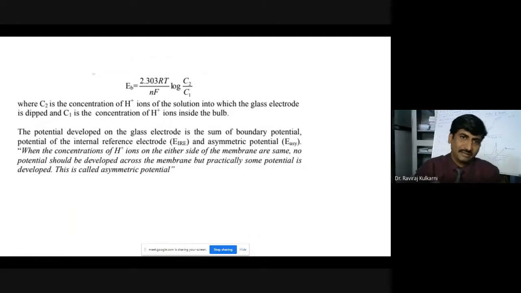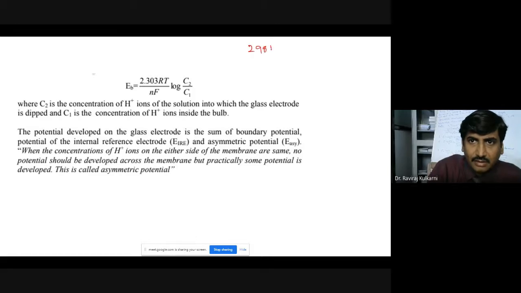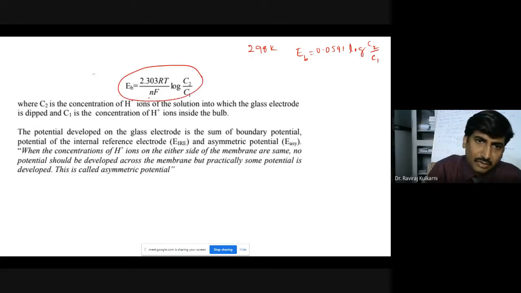So what do you get? At 298 Kelvin, I have written EB is equal to 0.0591 into log of C2 by C1. For any temperature you can write this. n is equal to 1 here.